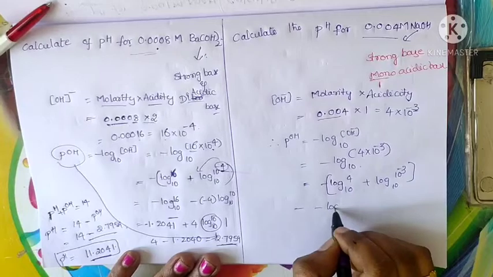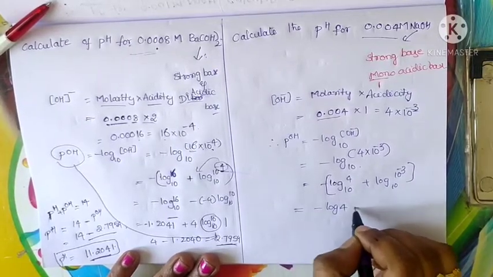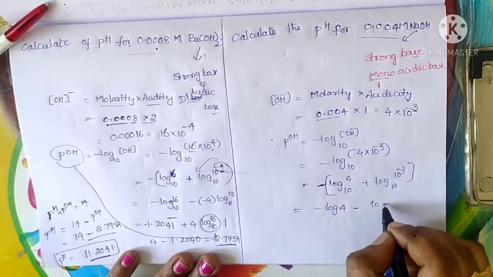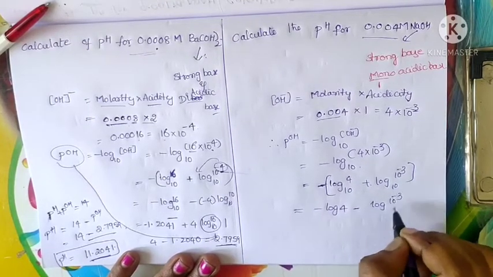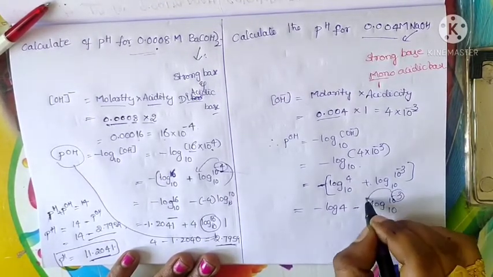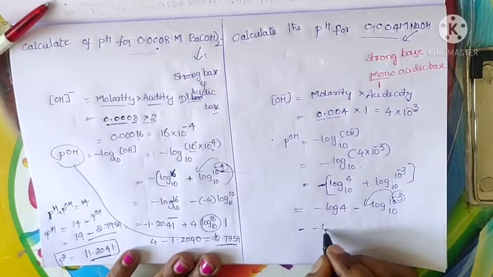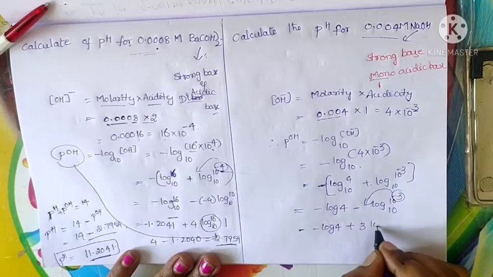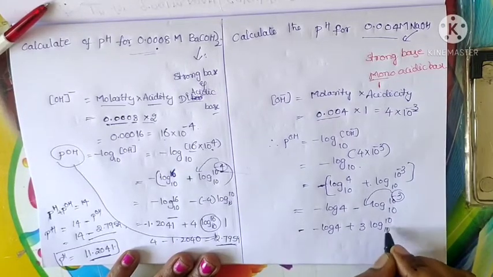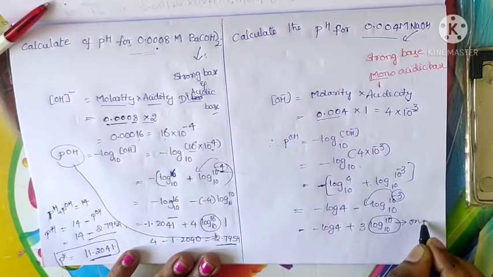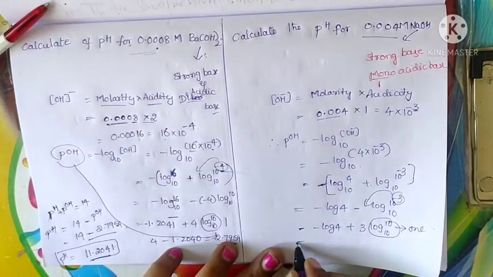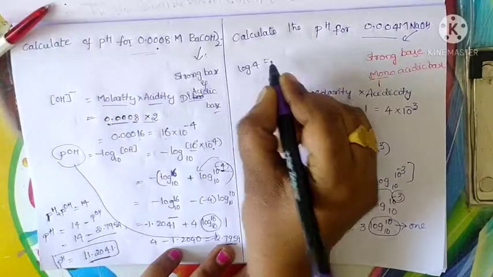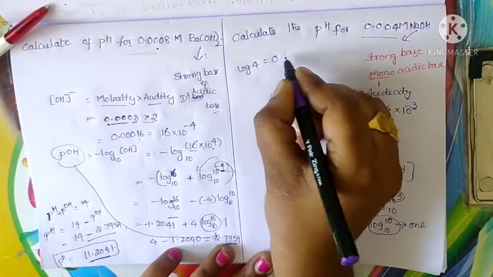It is in the form of log A plus log B. So log 4 plus log 10 power minus 3, the minus 3 comes to the front side, and minus of minus 3 becomes plus 3. Log 4 plus 3, log 10 value is 1. Okay students, log 10 value is always 1. So 3 minus log 4. The log 4 value is 0.6021.